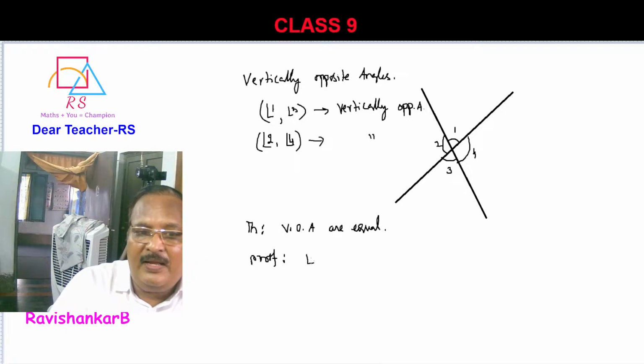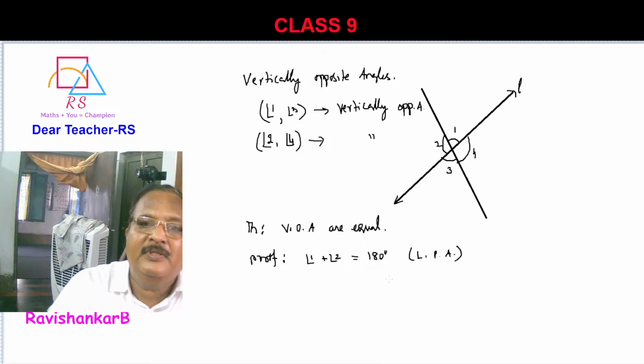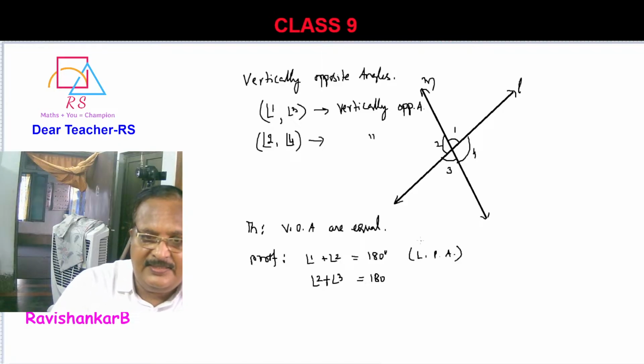Now angle 1 plus angle 2 is equal to 180 degrees because they lie on the line L, a linear pair. I can write it simply as the linear pair axiom: angle 1 plus 2 is equal to 180 degrees. In the same way, angle 2 plus angle 3 is also equal to 180 degrees because these two also lie on the line M. Because they lie on a line, 2 plus 3 is equal to 180 degrees.